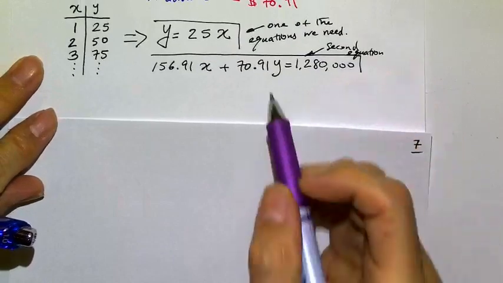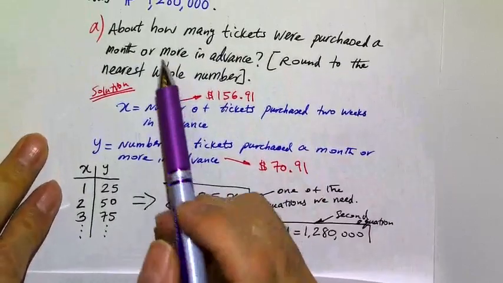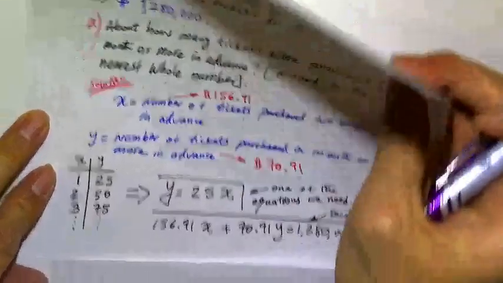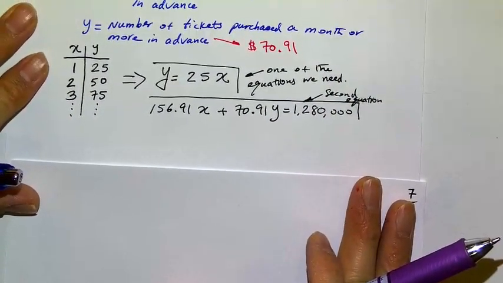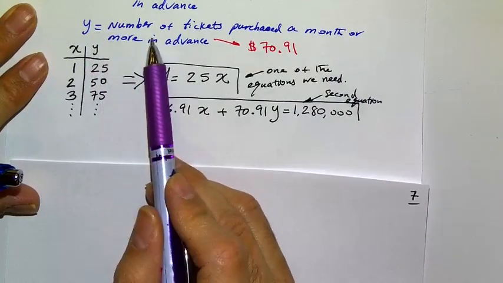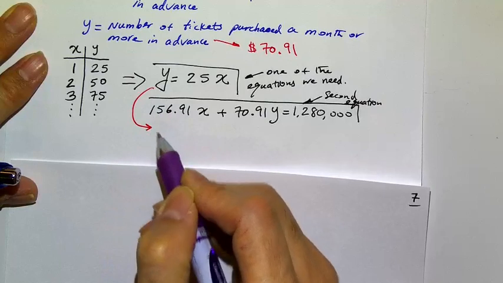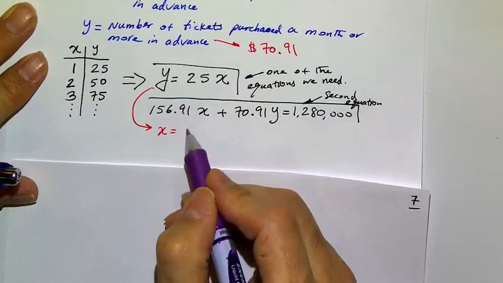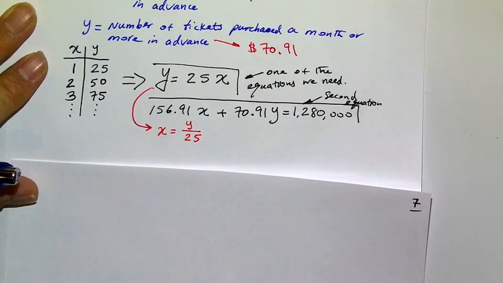Before that, since we're looking for part A, we're looking for how many tickets were purchased a month or so in advance. So we're looking for Y, right? If we're looking for Y, then let's solve this smaller equation for X. So X would be equal to Y over 25.